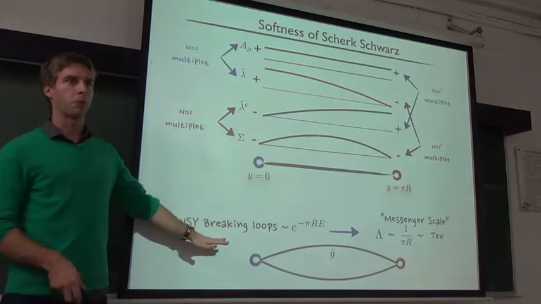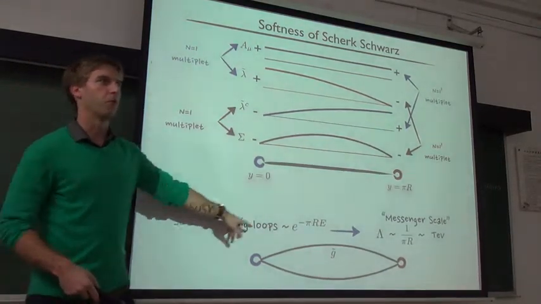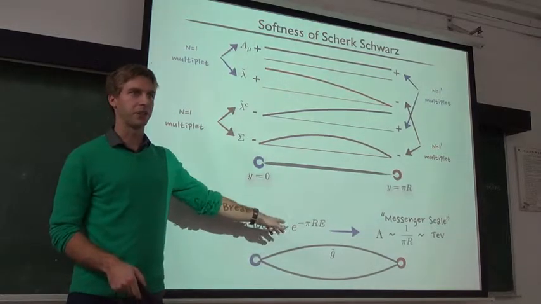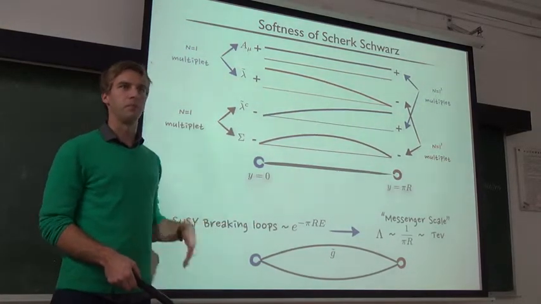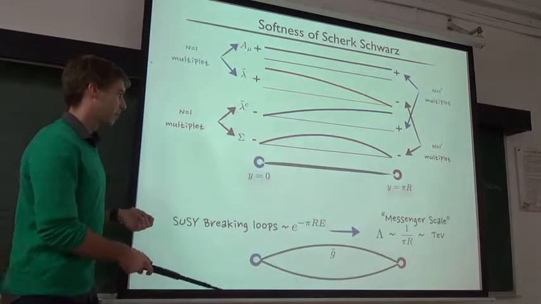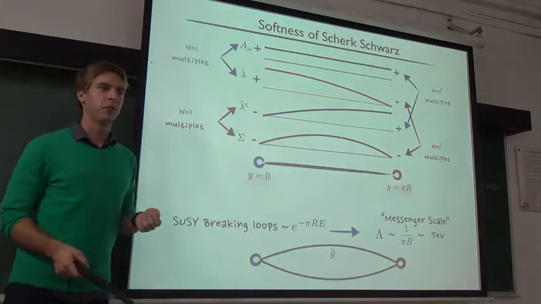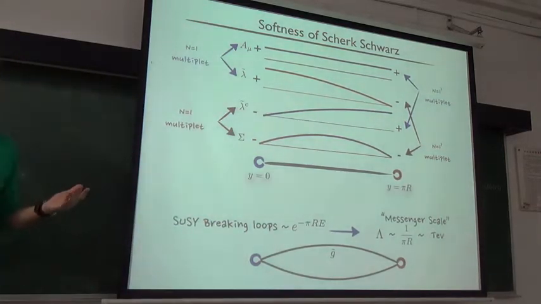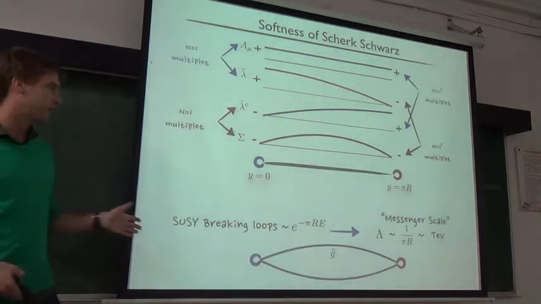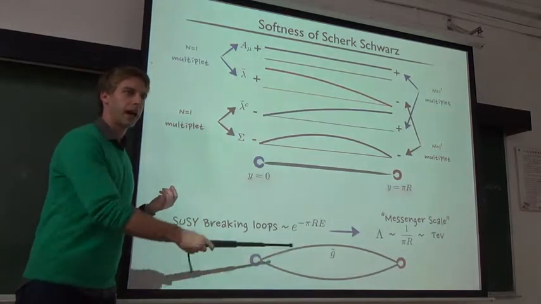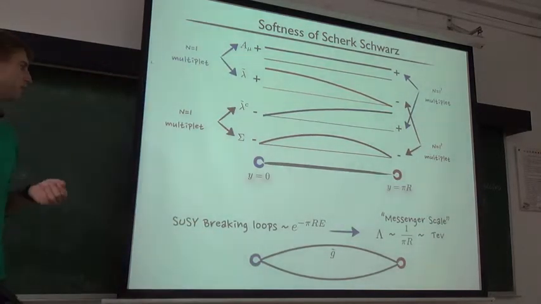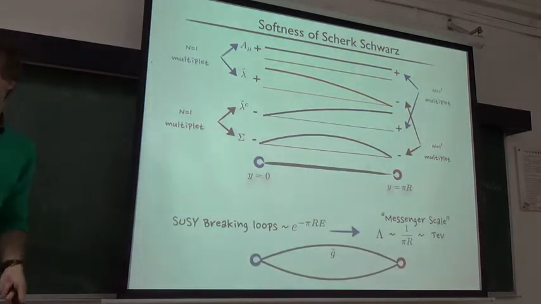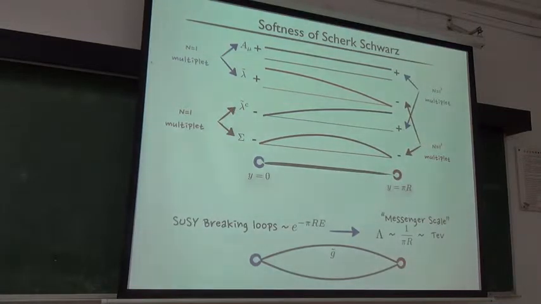So if I look at virtual momenta much larger than the inverse radius of this extra dimension, so in this case, virtual momenta much larger than a TeV scale, these loops become exponentially suppressed, which is a much more rapid suppression than the normal power law suppression that you get for loop diagrams. So this is the fundamental thing that is protecting this symmetry. And it's a trick that you can use for a lot of things, in lots of cases where we'd like to protect symmetries to describe various phenomena.